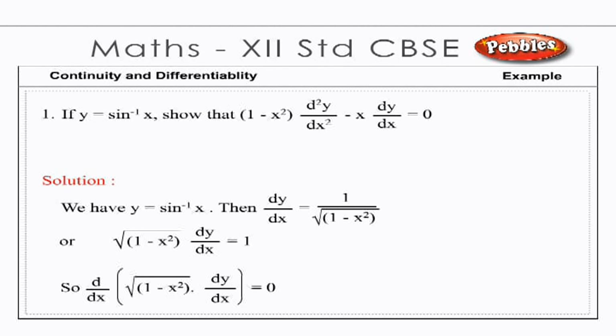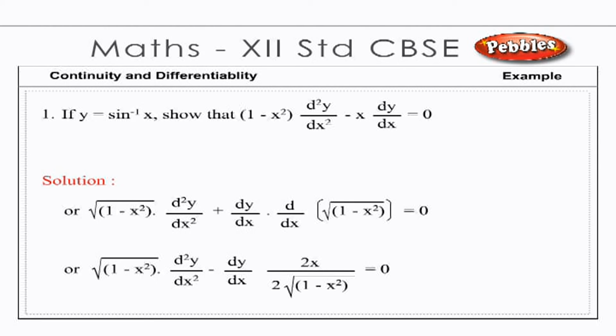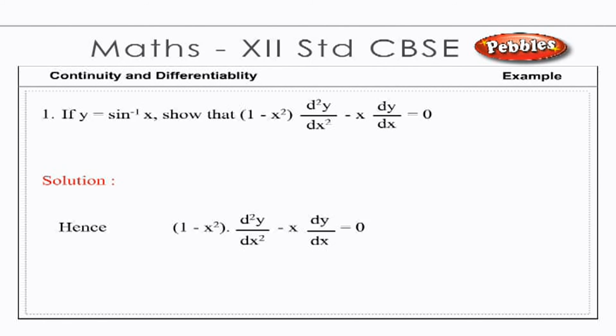So, d/dx(√(1 - x²) dy/dx) = 0, or √(1 - x²) d²y/dx² + dy/dx · d/dx(√(1 - x²)) = 0, or √(1 - x²) d²y/dx² - dy/dx · 2x/(√(1 - x²)) = 0. Hence, (1 - x²) d²y/dx² - x dy/dx = 0.